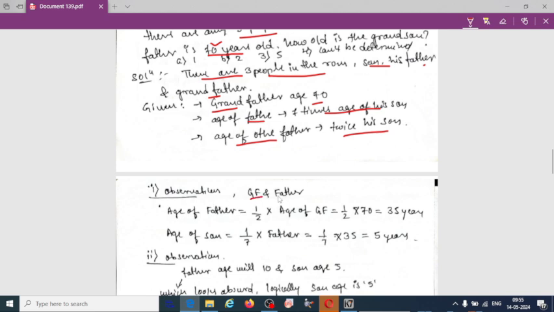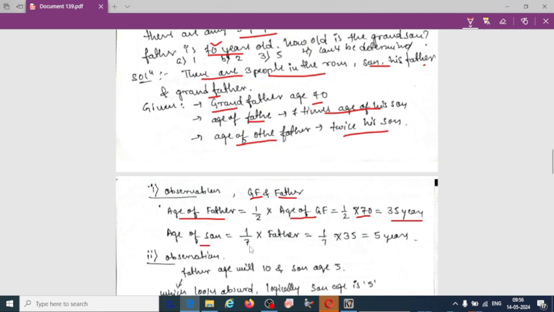We have to take the grandfather and father first, then calculate the age of the son. The age of the father is how much? Half of the age of his grandfather. Half into 70 is how much? 35 years. That is the age of the father.